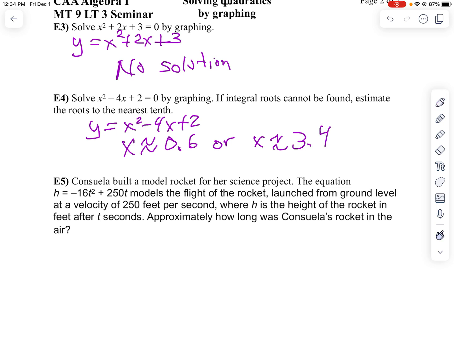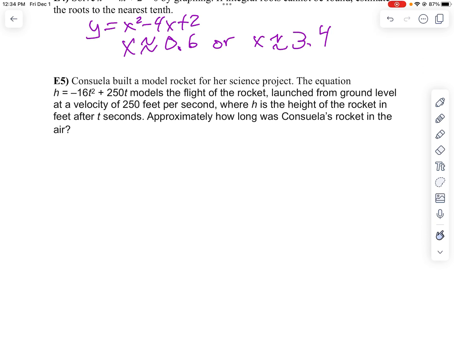Now, on an application question like number 15, first off, I'm going to replace all of my variables. I'm going to use x and y instead. So she built this model rocket. The equation is negative 16t squared plus 250t. It's going to be launched from the ground level, so that's why my y-intercept is 0. My velocity is 250, that's why we put the 250 in front of the t.